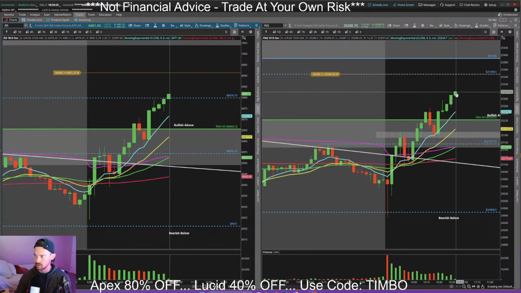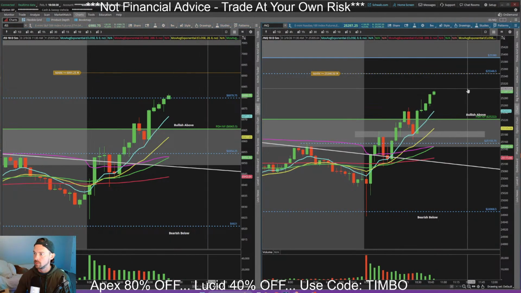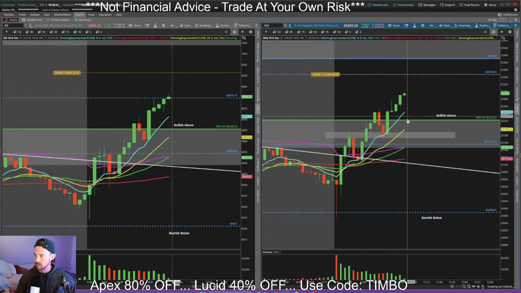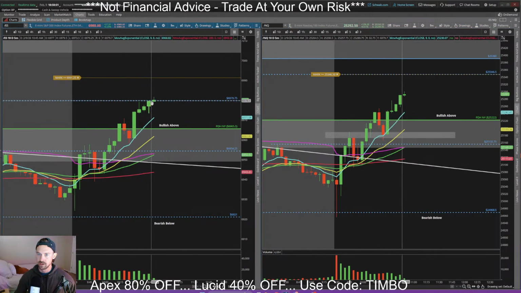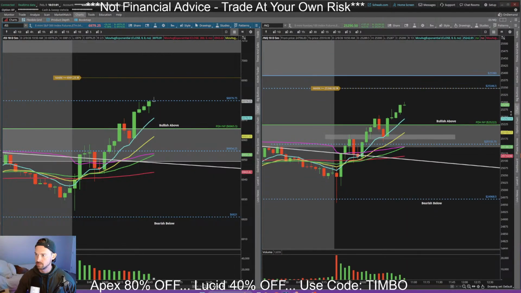Obviously, hindsight, it looks like I could have given it a little bit more room on the trail. But it's all good. Had a good trade overall either way. But yeah, now we're above previous day high again here after this push back up on NQ. ES is right at this pre-market overnight high. Wouldn't be surprised if we get some sort of pullback to the EMA fairly soon.